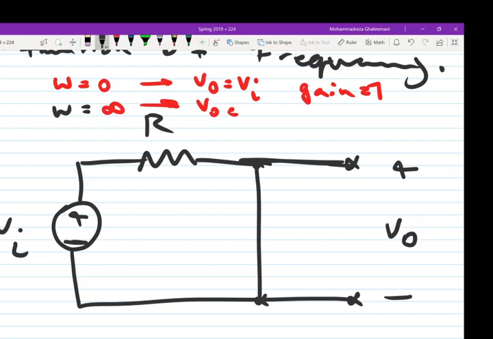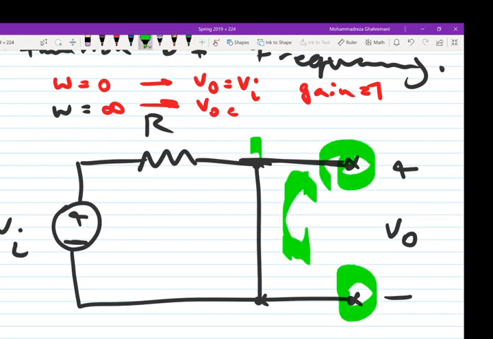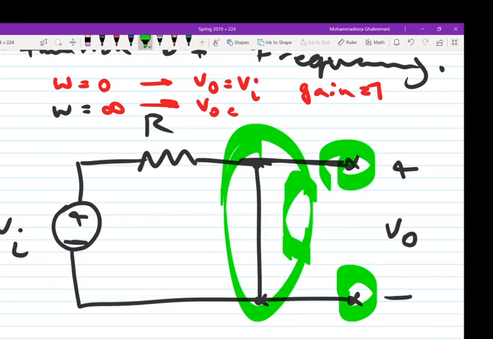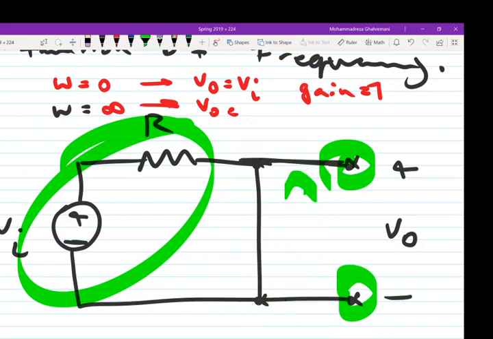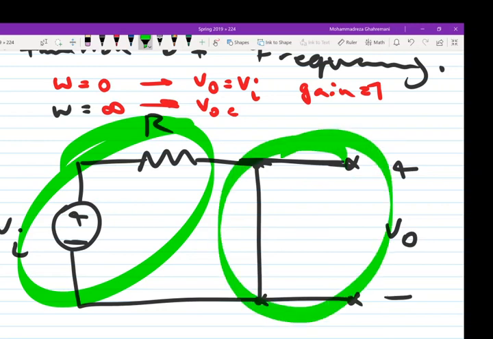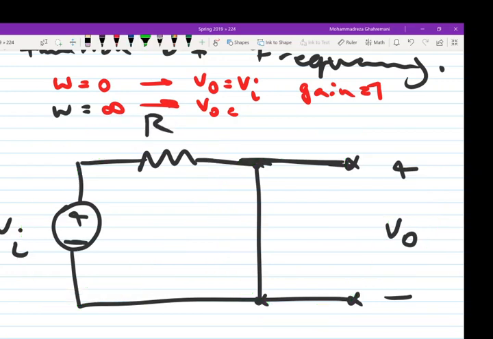So we see that these two terminals are connected together with a wire. They have nothing to do with the rest of the circuit because these two nodes are connected to each other using this wire. So the voltage, of course, is 0, because there is no resistor or anything between them. So VO is 0 and gain is 0.